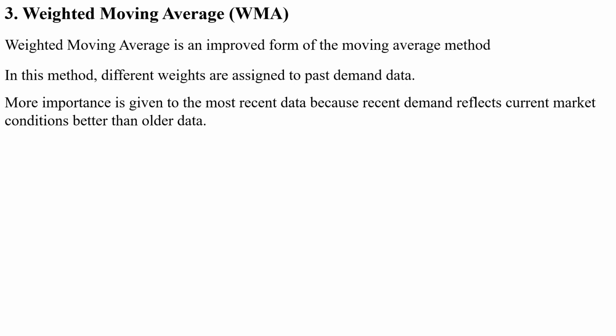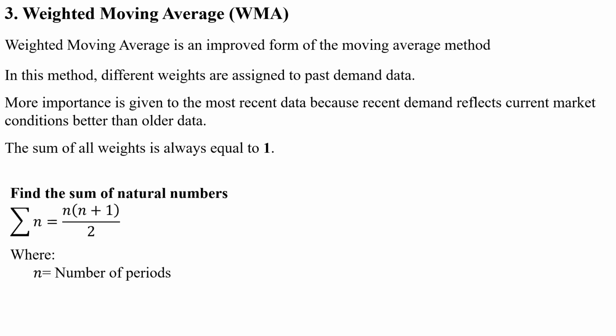More importance is given to the most recent data because recent demand reflects the current market conditions better than the older data. Now the question arises, how to assign the different weights to the past demand. And moreover, the sum of all weights is always equal to 1.